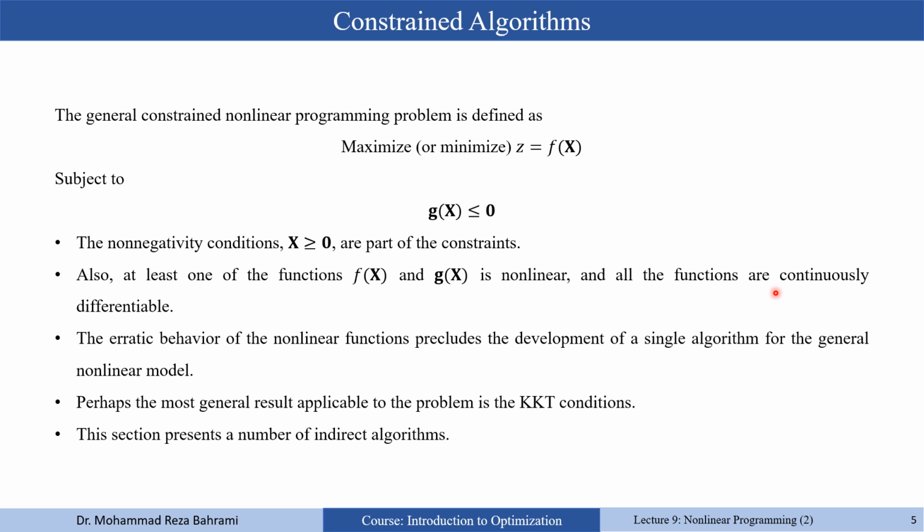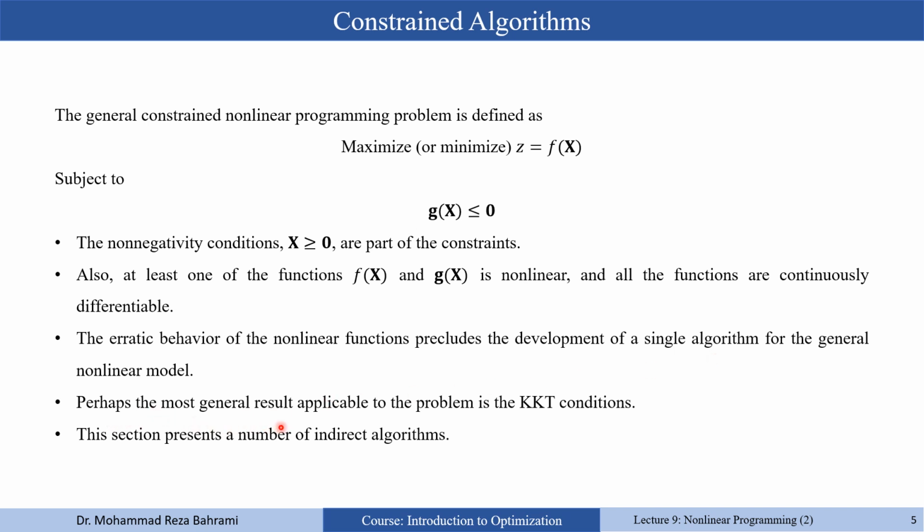Since the behavior of nonlinear functions is not as usual as in linear ones, it can be chaotic and unpredictable. Because of this, finding a single general algorithm for all models is very hard, or we can say we cannot have such a thing.